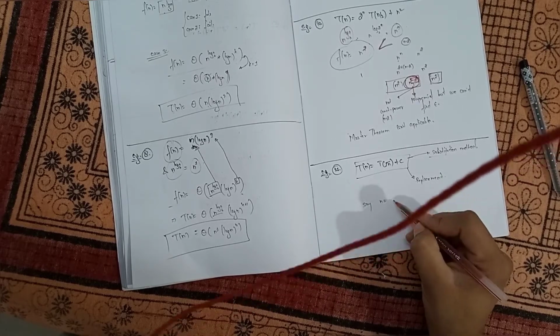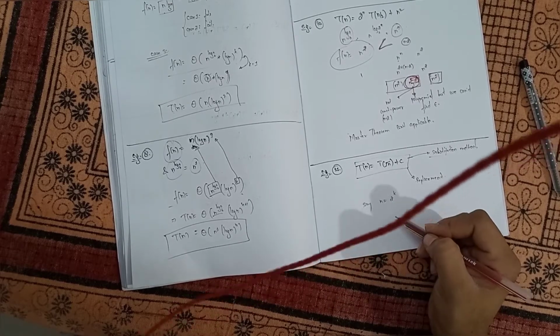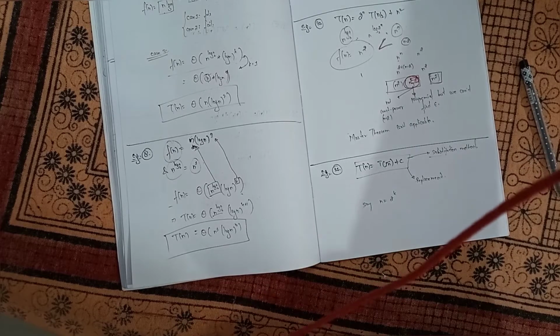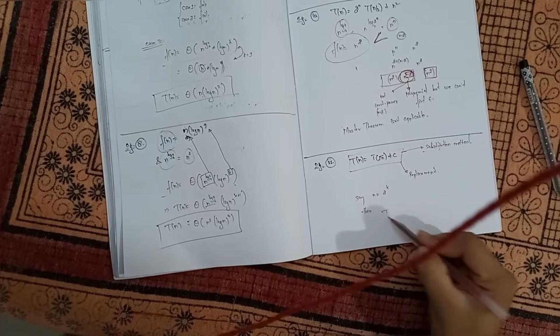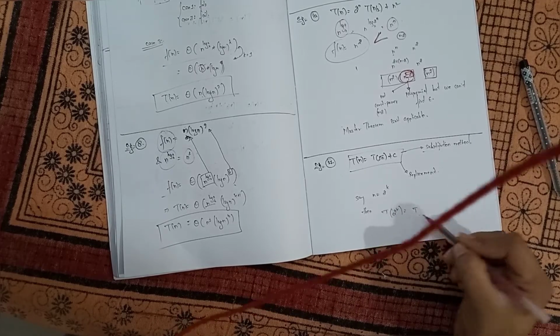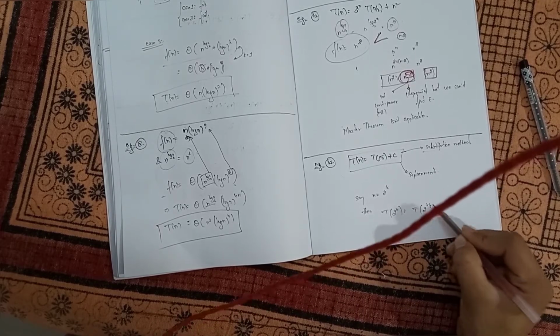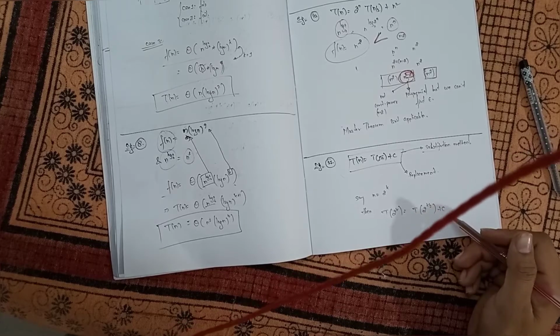If this is my given function, I will say n is equal to 2 power k. Then T(2^k) is equal to T(2^k / 2) plus a constant c.